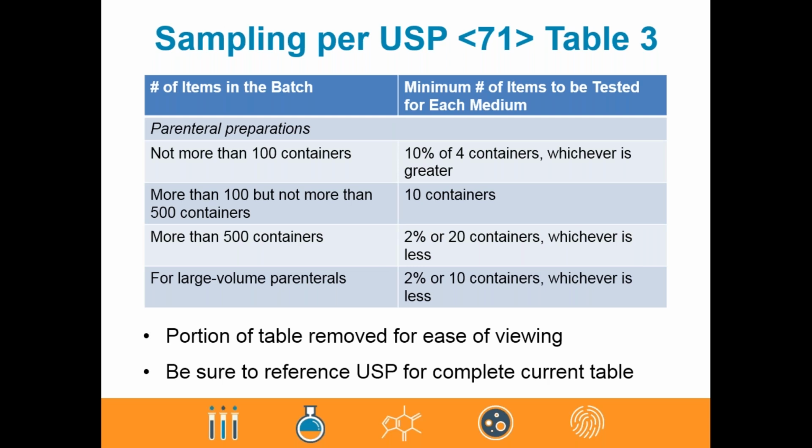On the left side of the table is where you look at the number of items in your batch. By items, I mean vials, syringes, bags. And then on the right side is how many of those you need to submit for the sterility testing. So we're going to go through a couple of quick examples of how to use this table for your sterility test requirements of your batches.